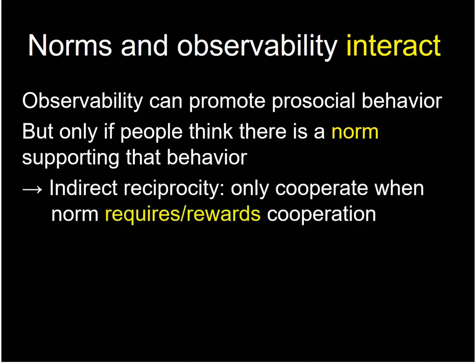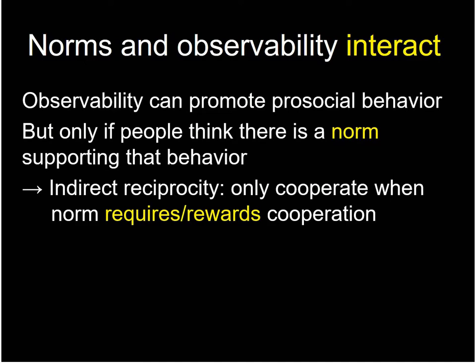Take indirect reciprocity, for example. As I'm sure you recall, when the social norm says you have to cooperate in order to maintain a good reputation, there can be an equilibrium where people cooperate when they are required to, but there's no point in cooperating if the norm doesn't require you to, because you're just throwing that money away.